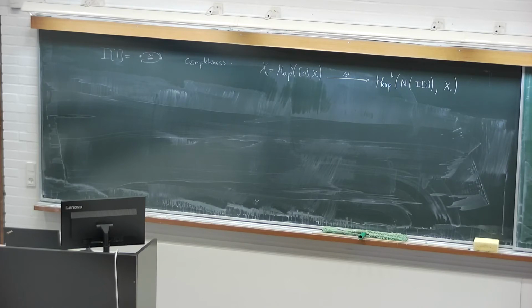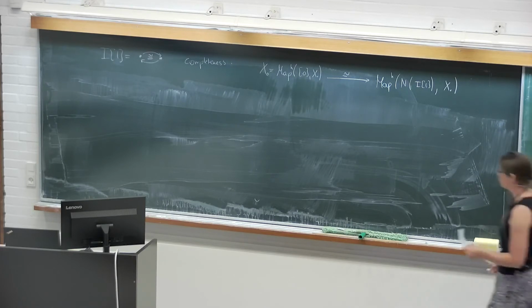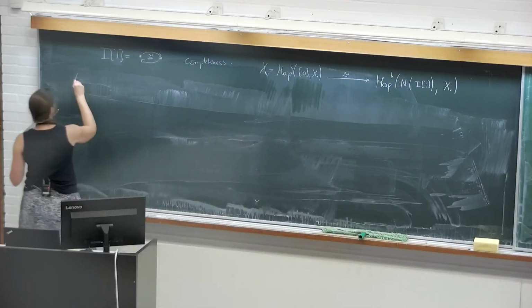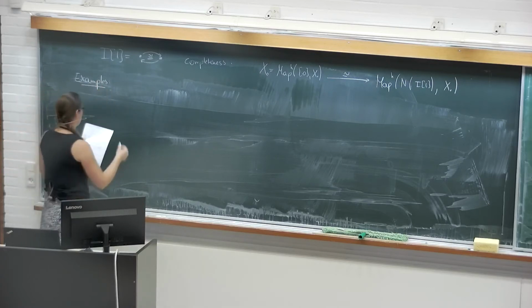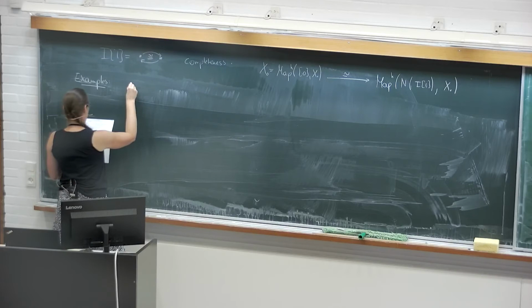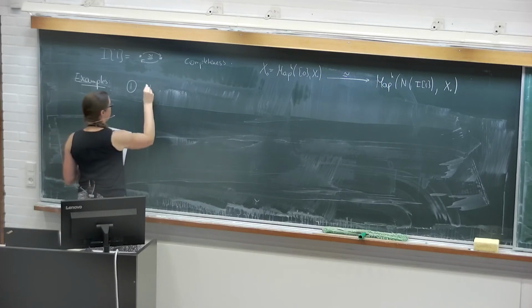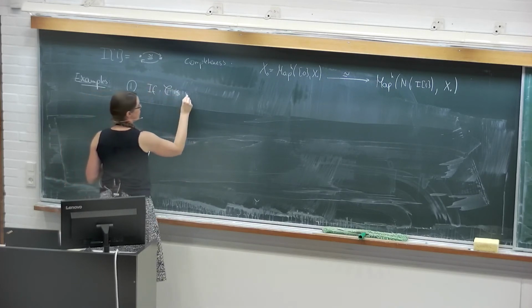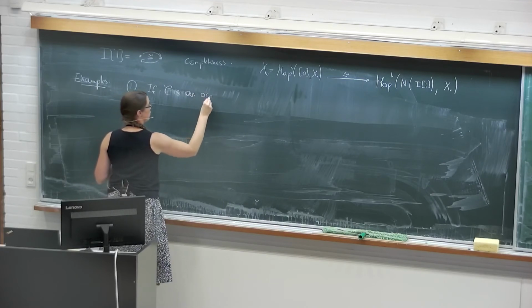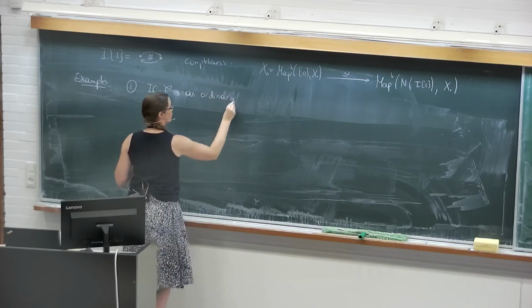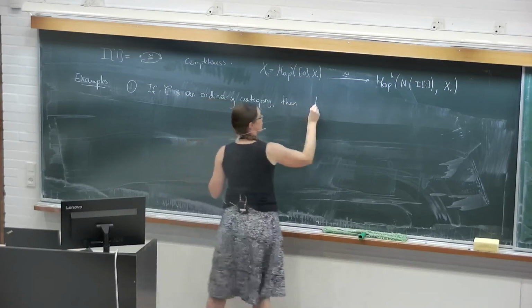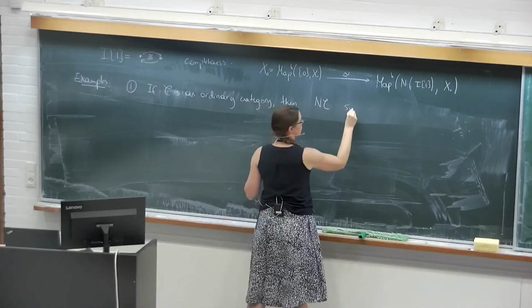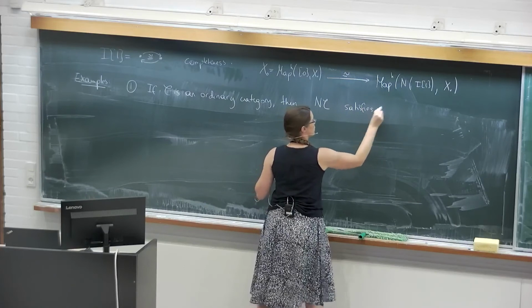All right, let's look at examples. One, if C is a category, so I will sometimes, to stress the fact that it's just a category, say ordinary category, then NC satisfies the Segal condition.